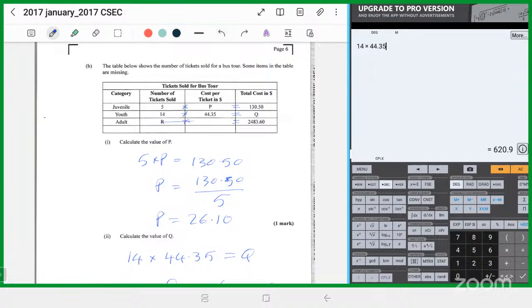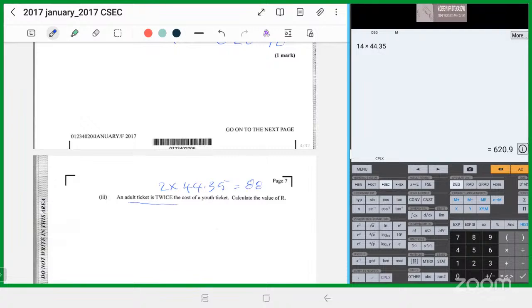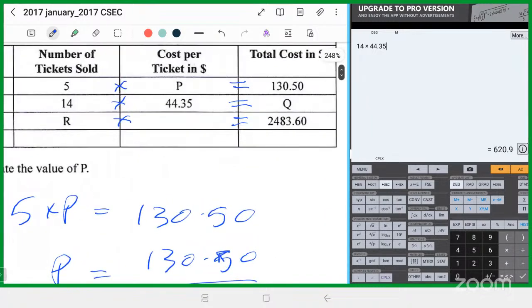And this adult ticket is 2 times that, which becomes 88.70. I'm going to put it on the table, 88.70. Let's multiply this one by 2. That's what they said.